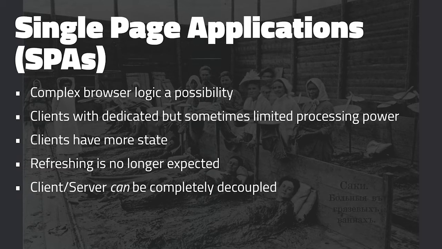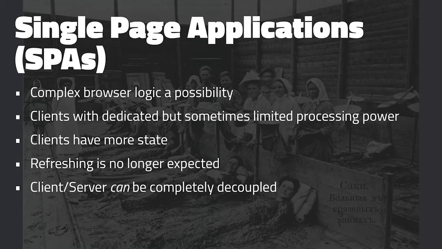And I say dedicated because in the early single-page applications, mobile wasn't as big a target as it is today. At those times, you had a ton of processing power available, but targeting mobile means you have less processing power and less memory. So you do have to keep in mind that your client, even in 2016, could potentially have limited processing power. But the point is, it still has processing power, and it can still do a lot of wonderful things. A lot more wonderful things than a fast desktop in 2006 could do. And that's your mobile phone.